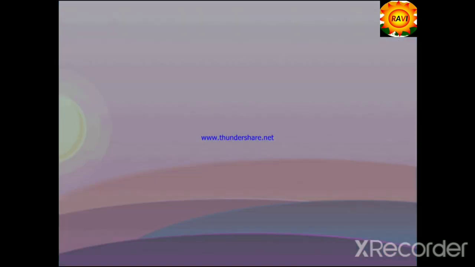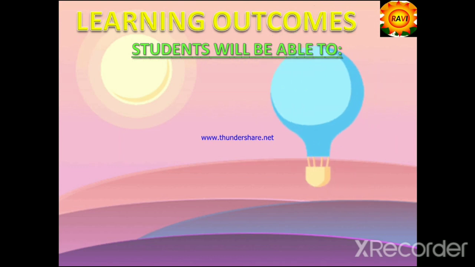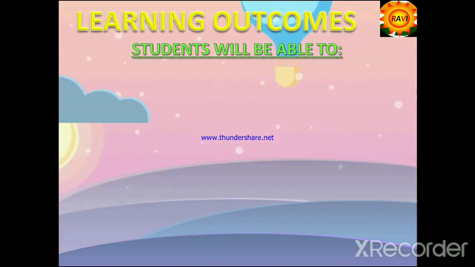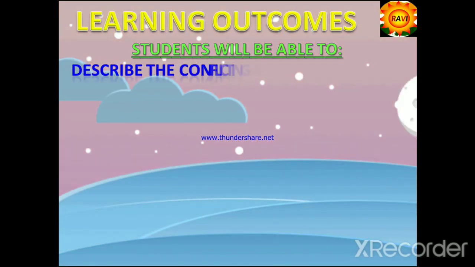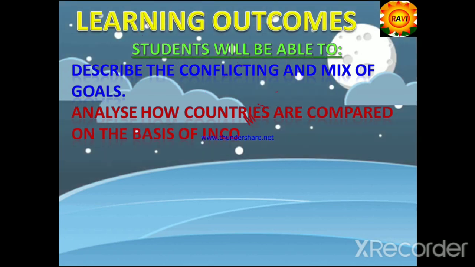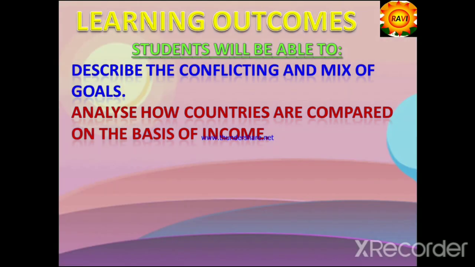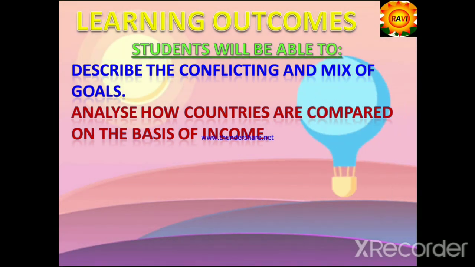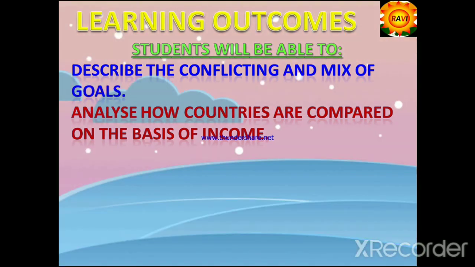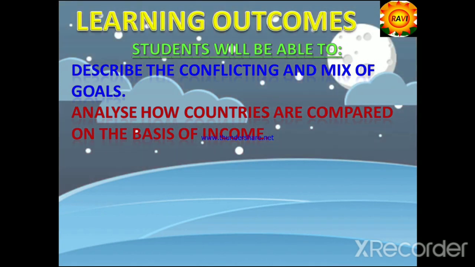And we are going to learn now about the learning outcomes of this chapter, that is about development. After completing this chapter, students are able to describe the conflicting and mixed goals, which means after learning this chapter, students are able to explain the developmental goals of a farmer, a girl, a landless labor, a rich person, and others.